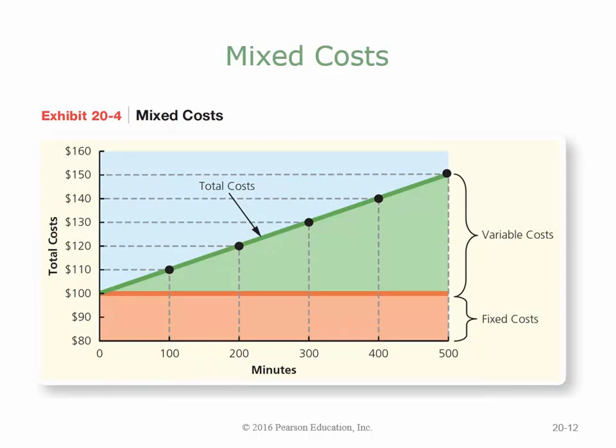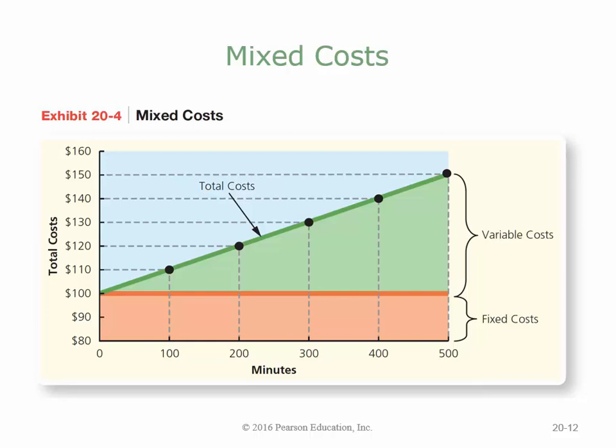Here's what a graph's going to look like. Instead of it starting where variable cost did, down at 0, because if you sell or produce 0 units then your variable cost is $0, and so it goes up from there. Mixed costs start at some fixed cost point. Regardless of the number we sell, it costs, in this case, $100, and then it goes up in a positive straight line after that.